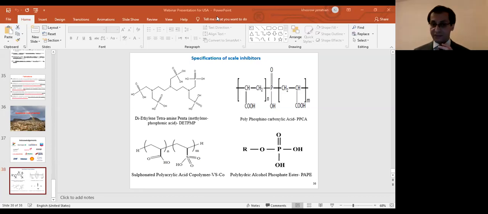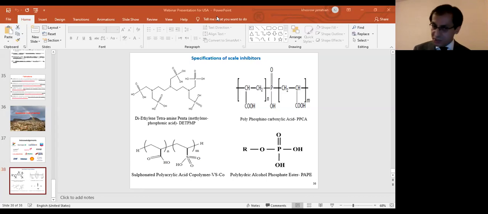And the third criterion is to look at the dynamics of the scale inhibitor after you bring the well back to production. In this case, we need to determine the minimum inhibitor concentration, or MIC, by looking at the return curve.